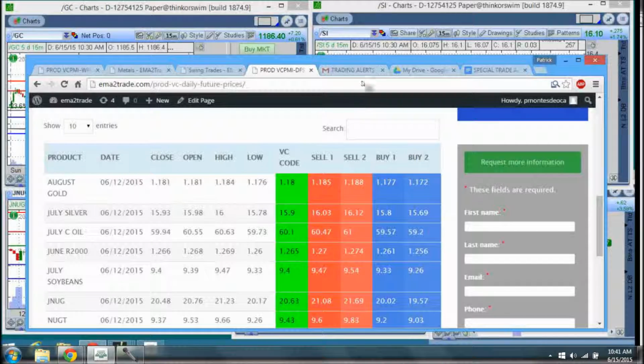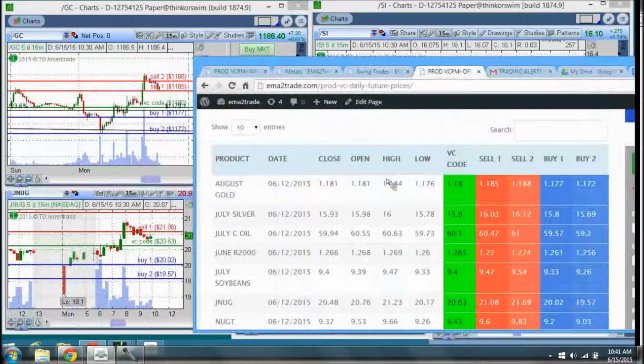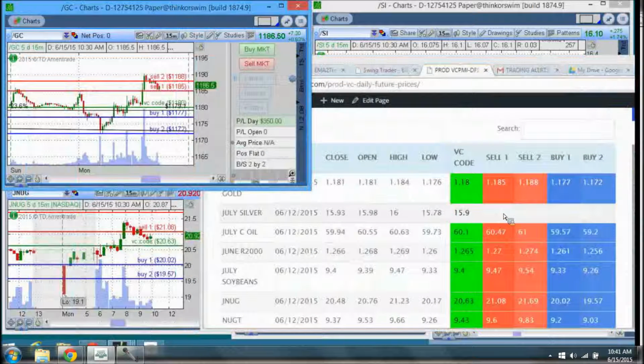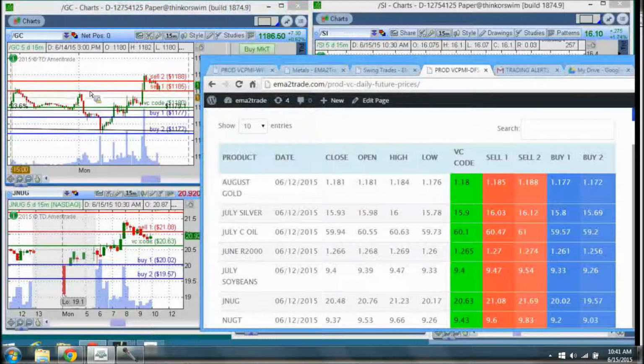And this algorithm told you that today, Monday, if the market rallies to 1185 to take profits, 1188 to take profits, from the same algorithm that went long on Friday at 1180, you can use the daily to meet your targets. Here's the liquidation that we did on the gold at 3:30 in the afternoon.